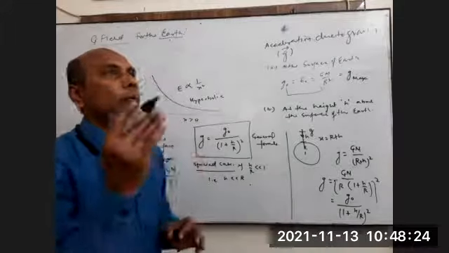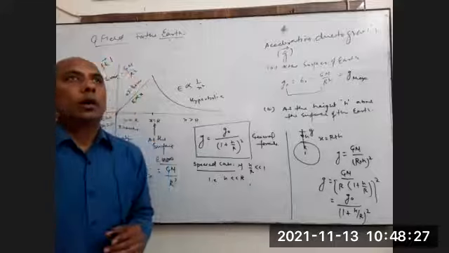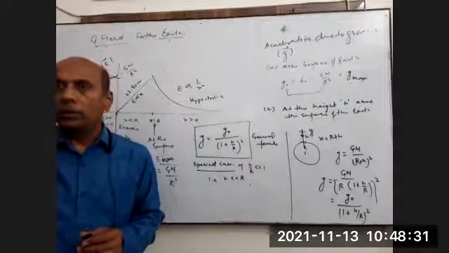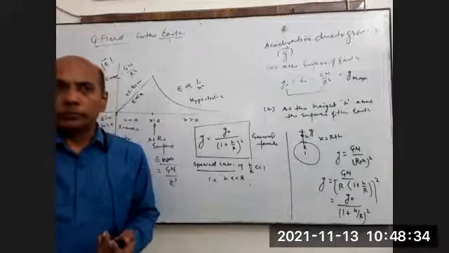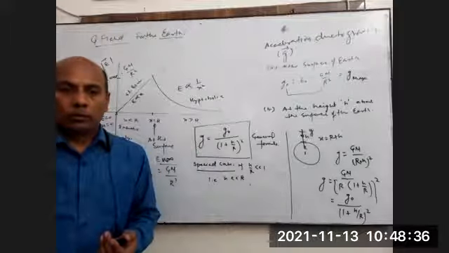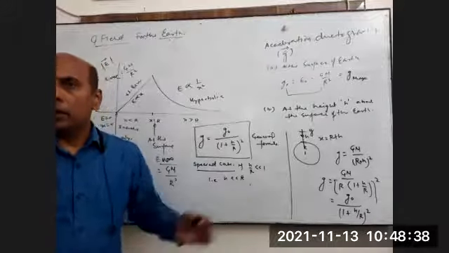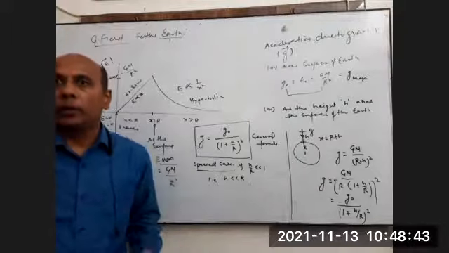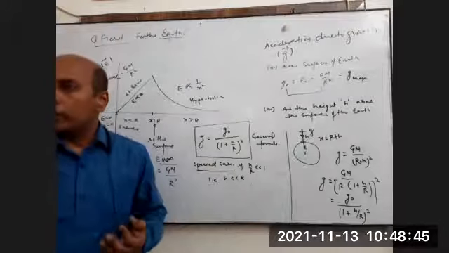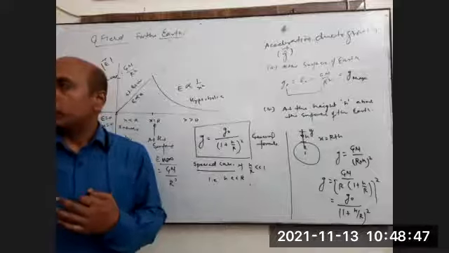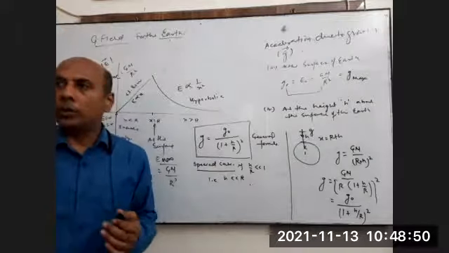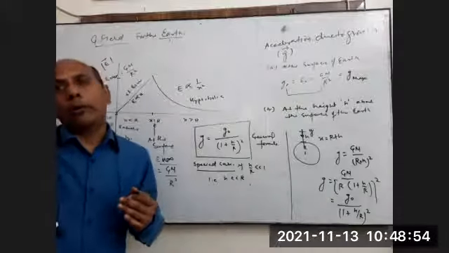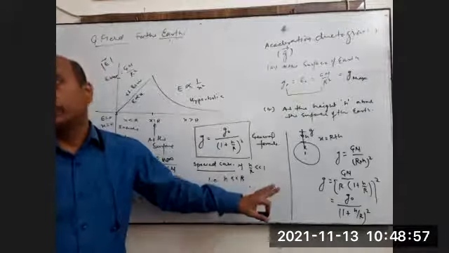With respect to 6400 kilometers, 100 meters, 200 meters, 500 meters, even 1 kilometer is negligible. H is very much less than R. Even 2 kilometers, 10, 20, 50, even 100 kilometers, with respect to 6400 kilometers, is very small. So even 100 kilometers above, yes, H is very much less than R.